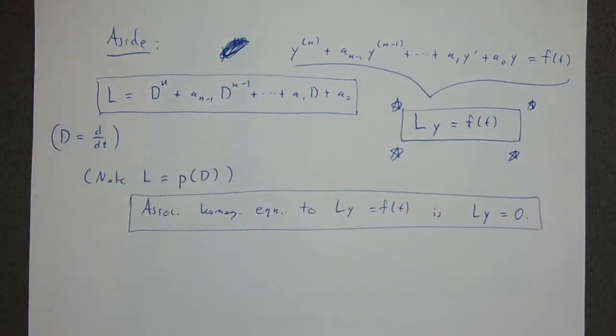That's a very simple way of writing out what we mean by the associated homogeneous equation.